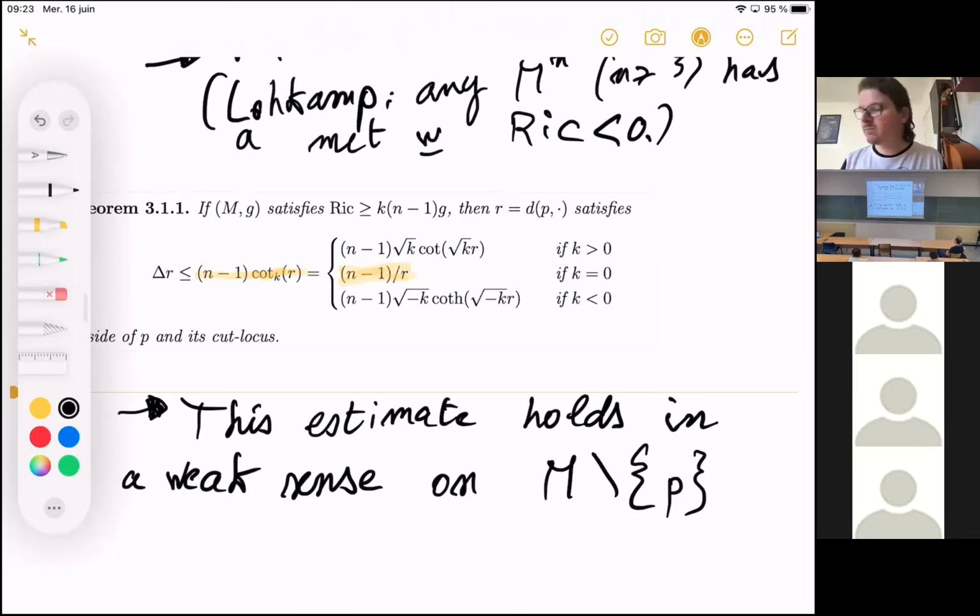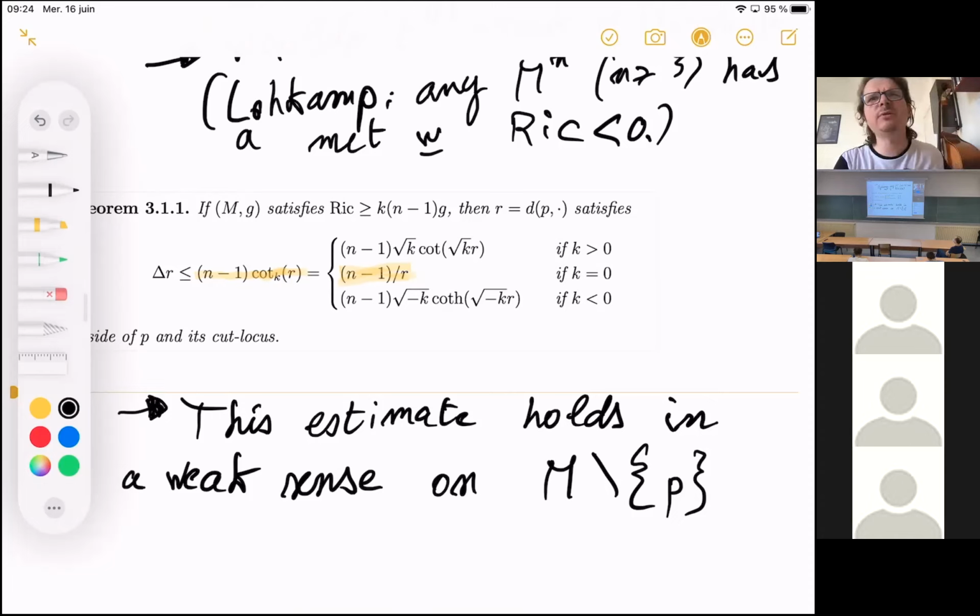In a way, it will look more concave than convex. So you can get an upper bound on this Laplacian. And you can get it either in distribution sense or in barrier sense. And this is actually very useful.